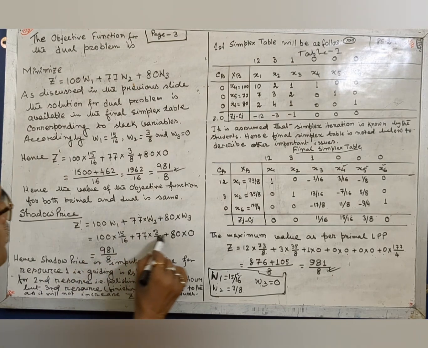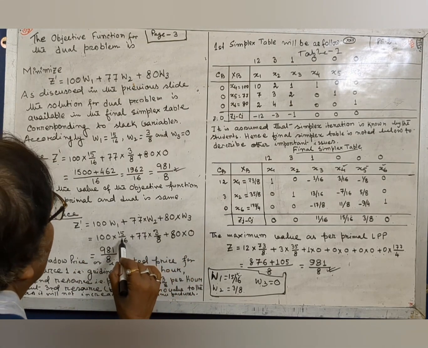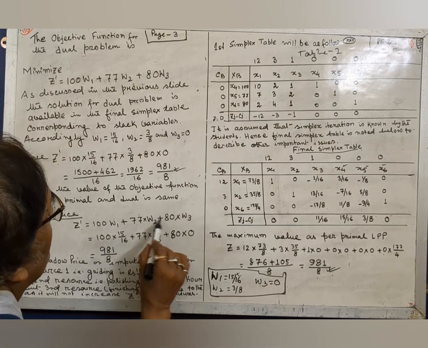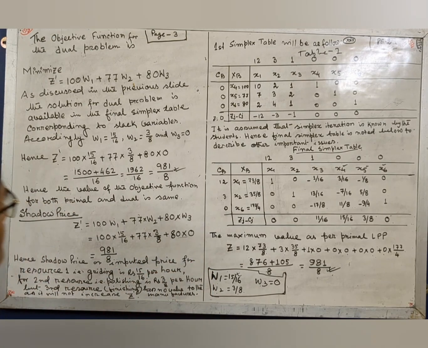Now if we put the values of the dual variables, that is W1, W2, W3, it will be written in this form.